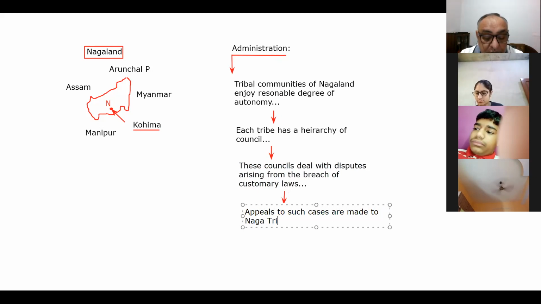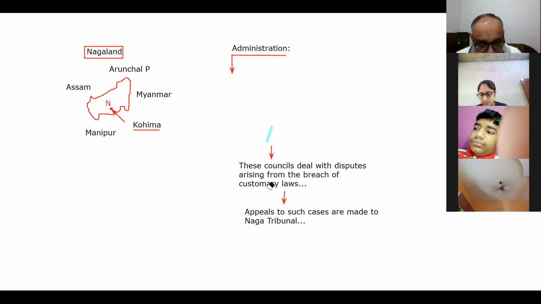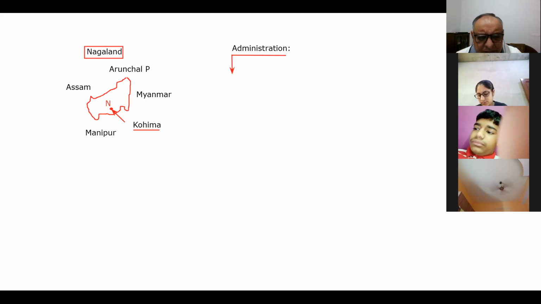So Naga tribunal है, इन councils का जो decision होता है उनसे अगर कोई satisfied नहीं होता तो वहां जाकर के appeal करते हैं, right? So you can appeal. This was a brief about the administration. The rest of the administration goes as normal, like in our states.